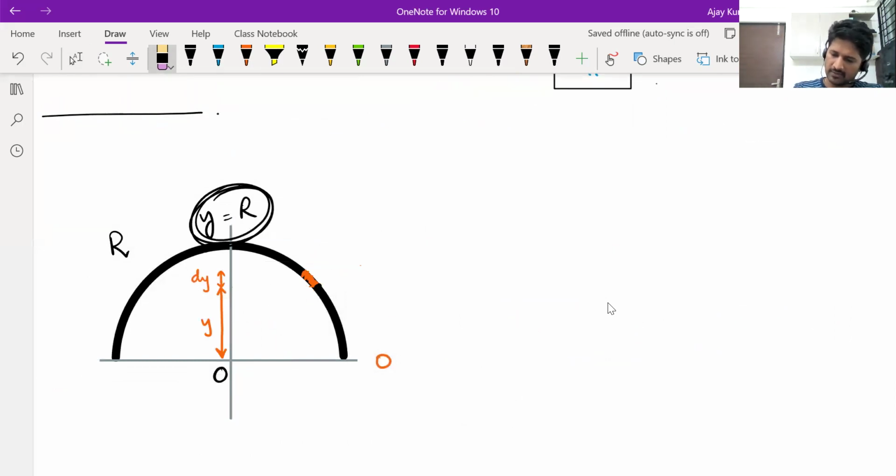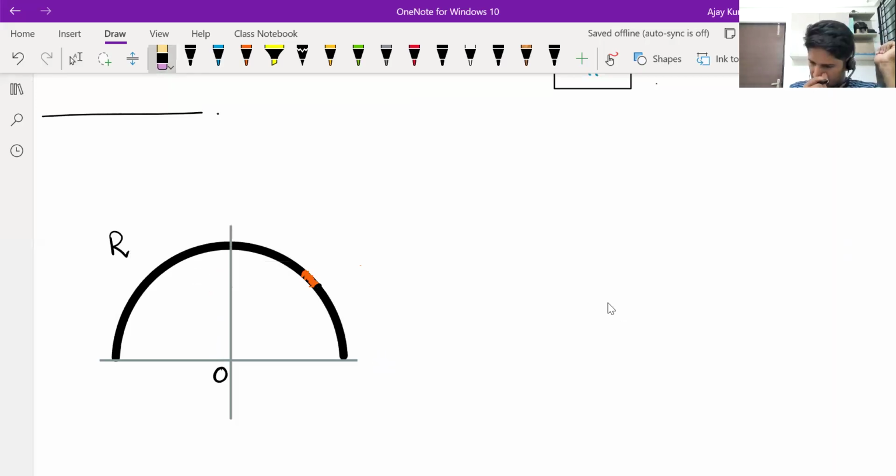Okay, instead of a complete semicircle like this, okay, let me remove some part of it. Right. The radius is still r, but the problem now is that this is not a complete semicircle.